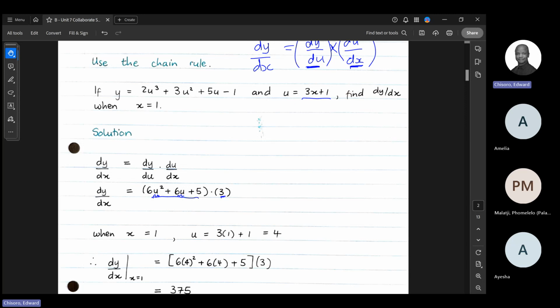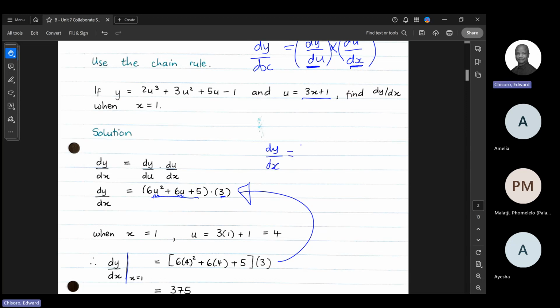So this says dy/dx when x is equal to 1. So that's that notation, dy/dx evaluated when x is equal to 1, and then you substitute directly into what we calculated there. What I was talking about was you would also be able to write dy/dx in terms of x.